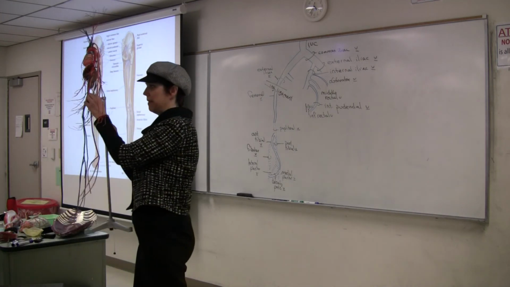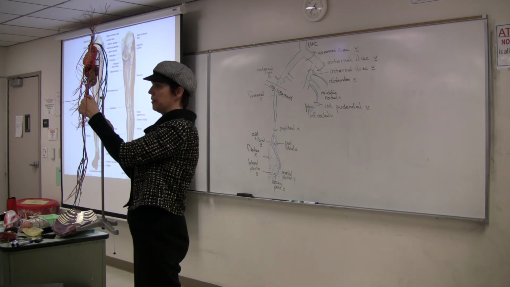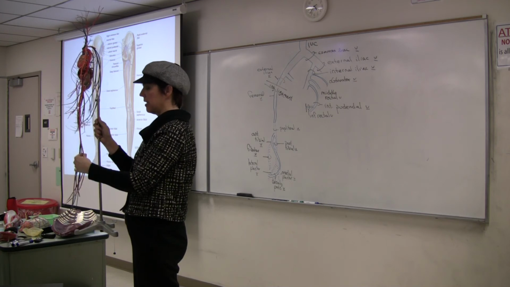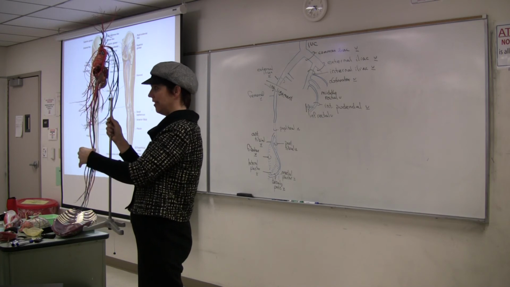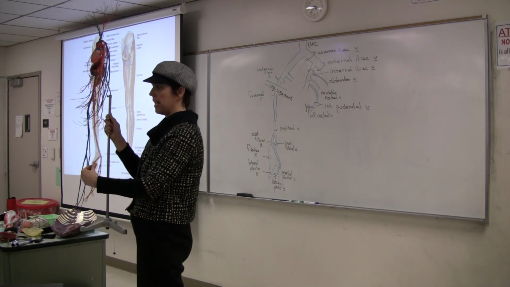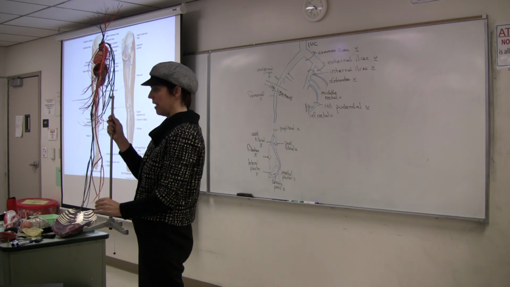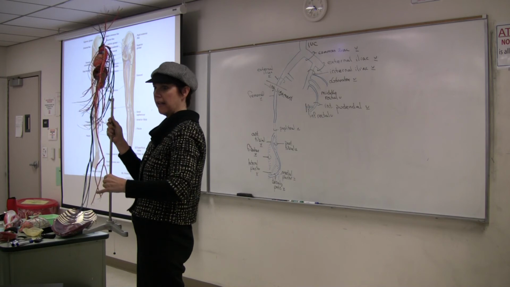Here's the arterial system. Common iliac, internal iliac, external iliac, femoral vein, femoral artery. Just above where it branches, we have the popliteal artery. It's going to branch to form the anterior tibial artery and the posterior tibial artery. And the lateral branch off of the posterior tibial is the fibular.